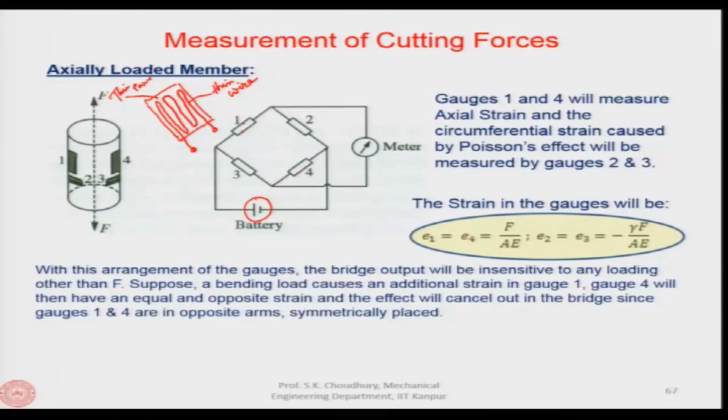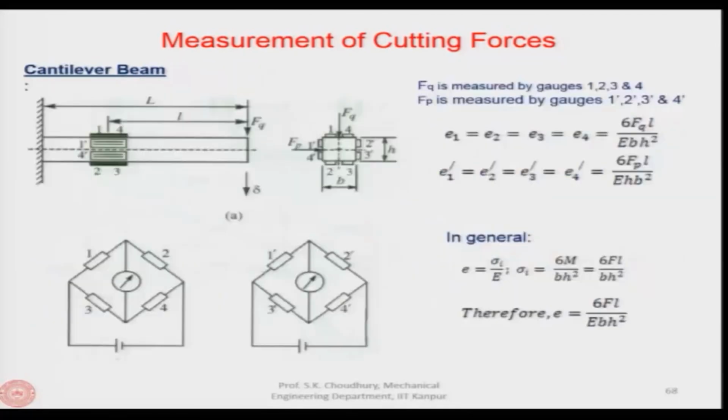Now, let us see the more complicated version of the strain gauges and the measurement. For example, it is a cantilever beam. In a cantilever beam, normally the load that can be sensed is sensed through the moment, because if the point of application of the load is known, that distance, then the load times this distance will be the moment.